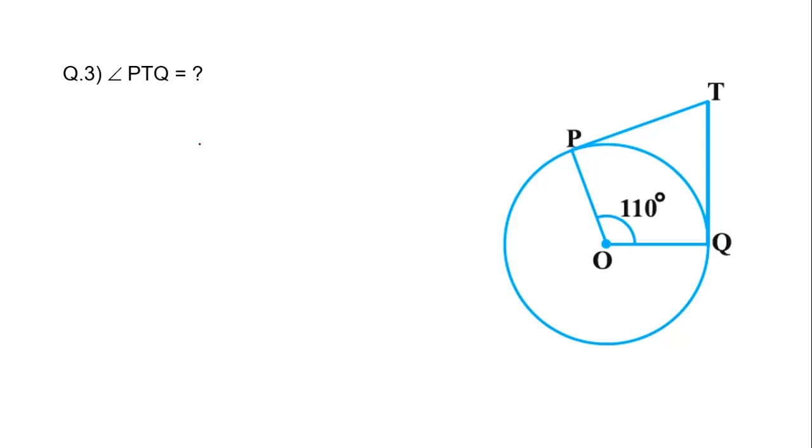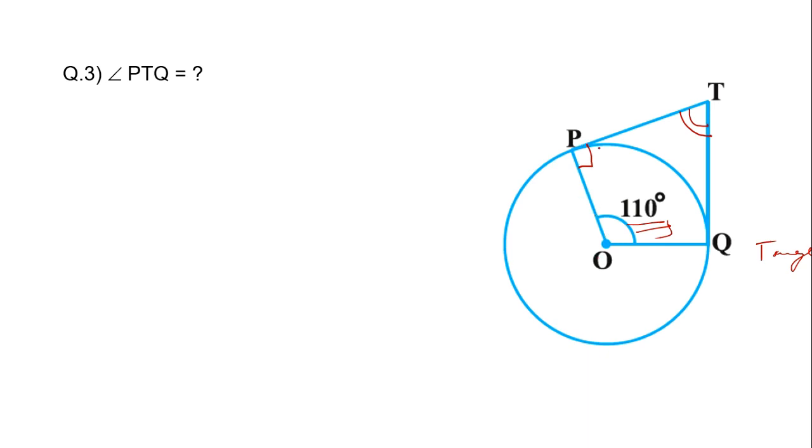In this diagram, we have to find angle PTQ. This angle we have to find, and T is the point. P and Q are the points of contact. PT and QT are the tangents. Then we have to find angle PTQ, and this angle O is given as 110.